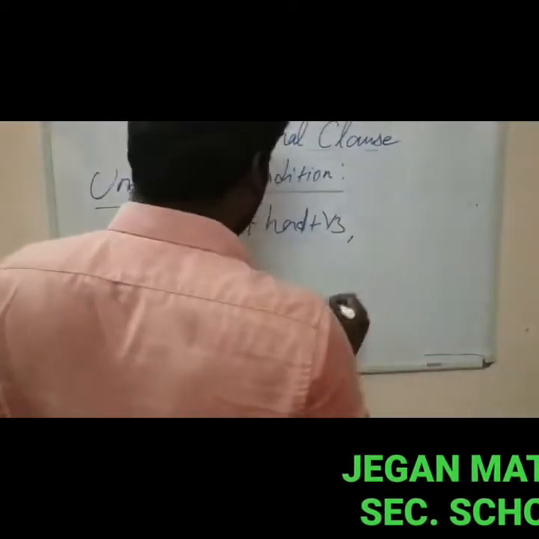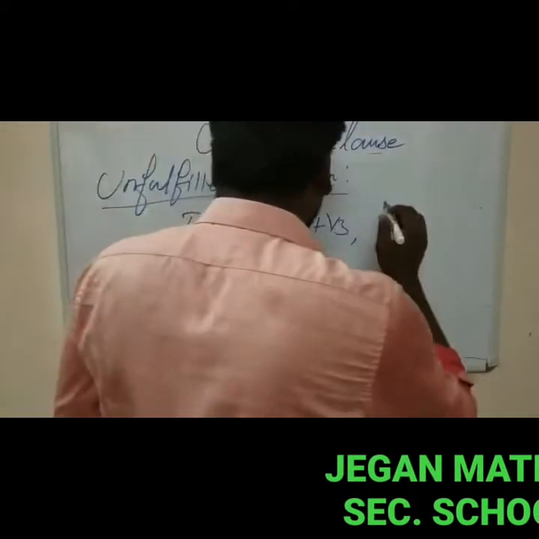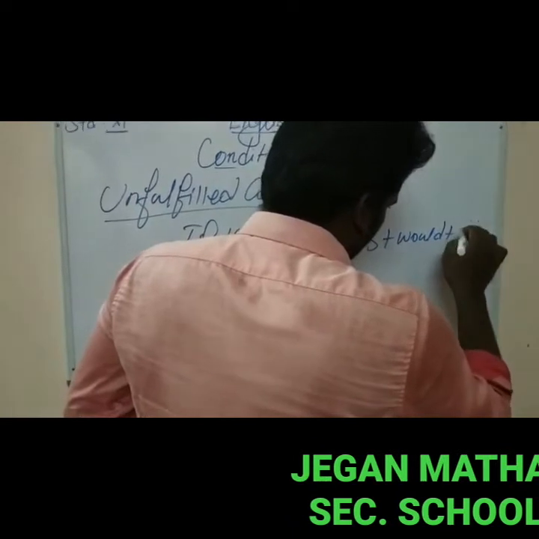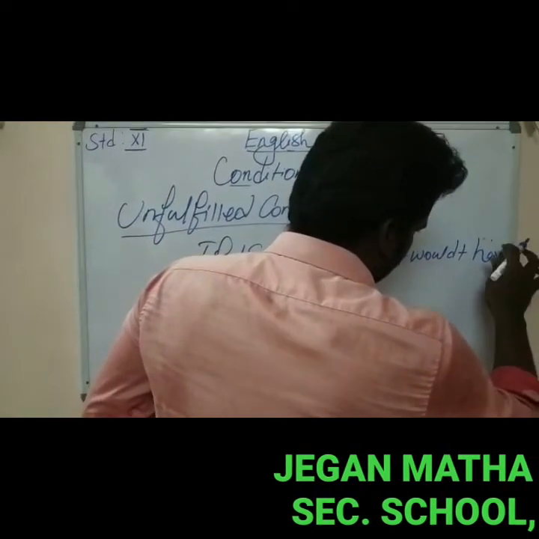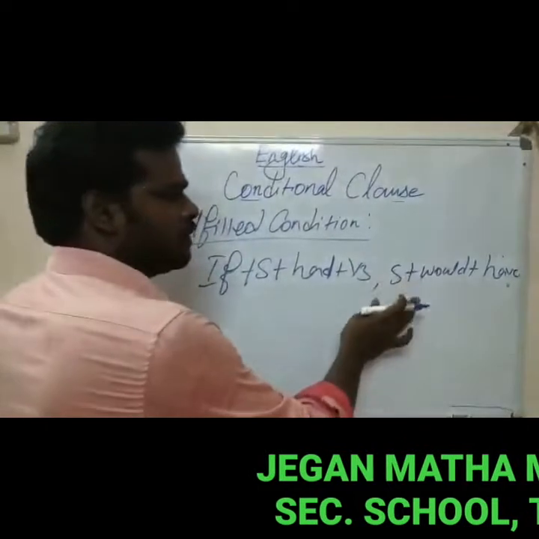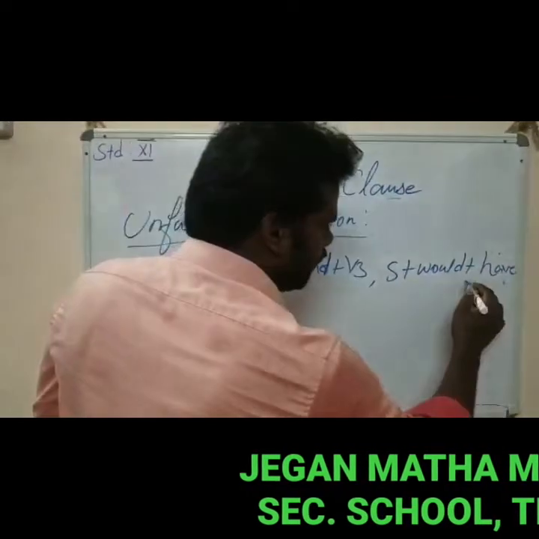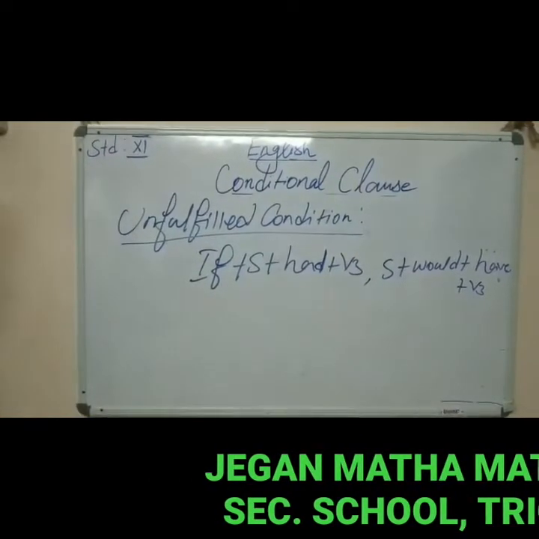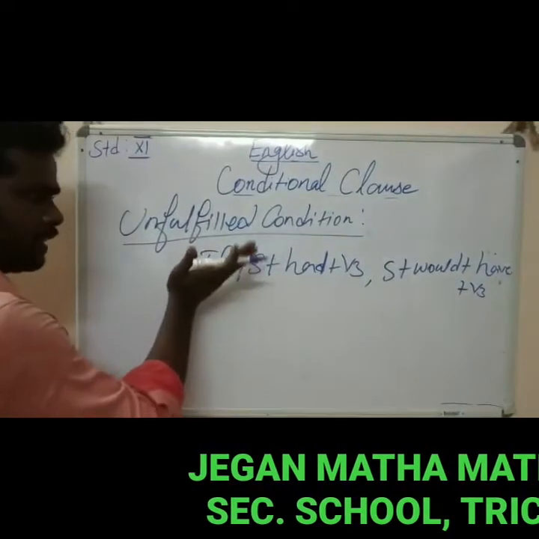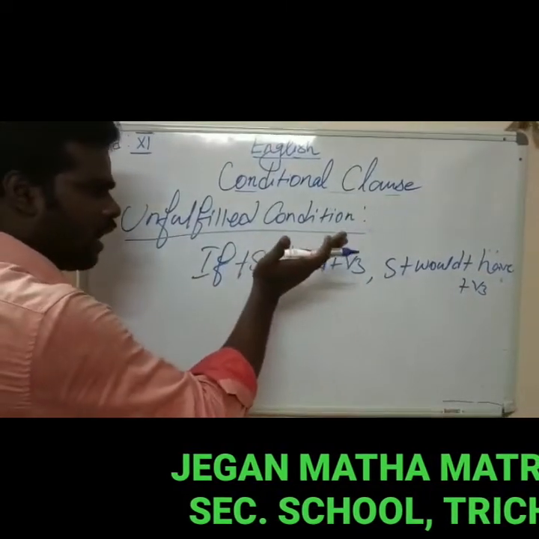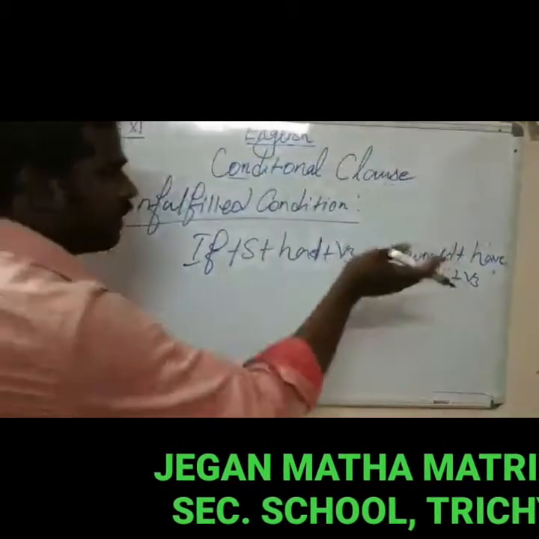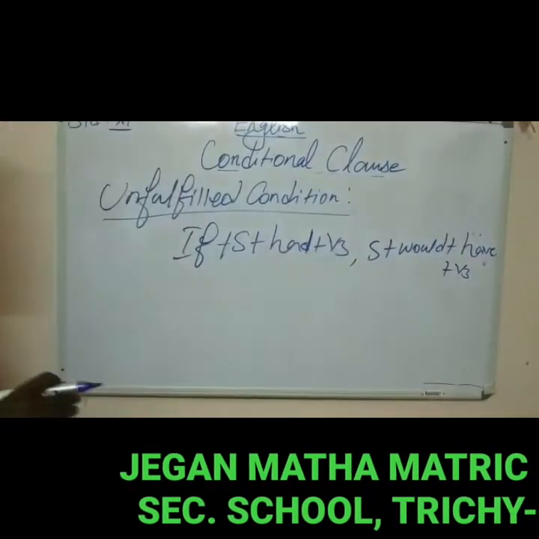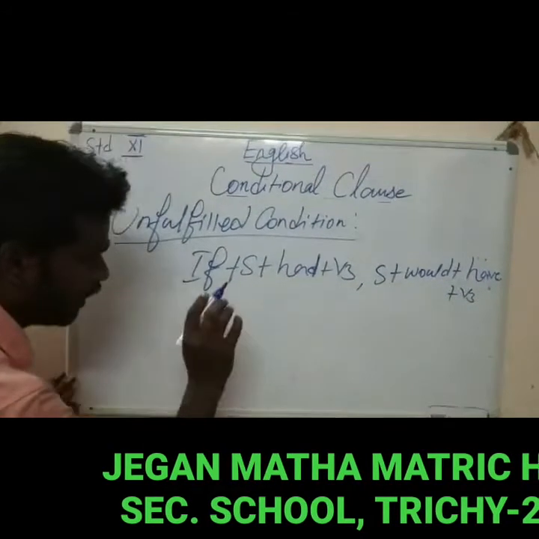The result part is subject plus would plus have plus V3. V3 is the past participle, the third form of verb. Let me give an example.